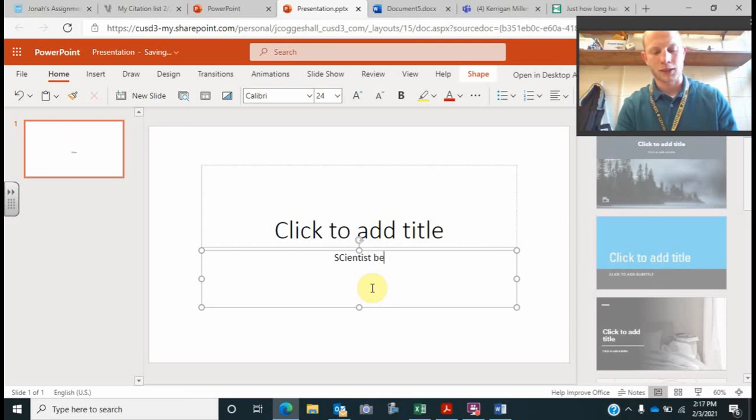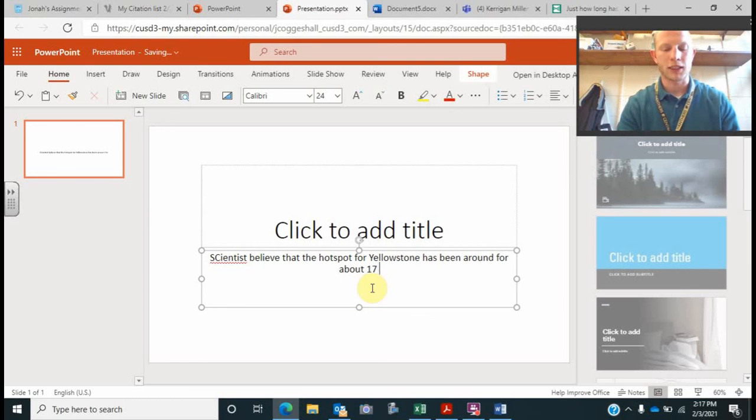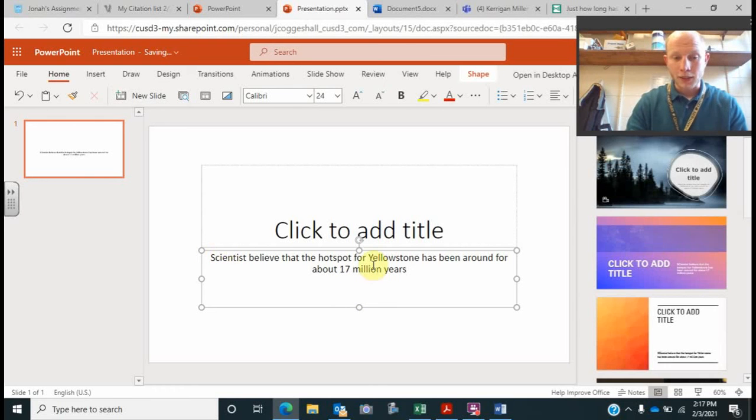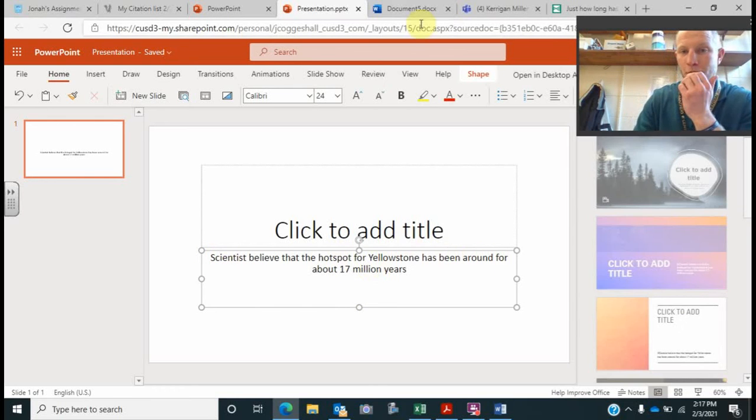Scientists believe that the hotspot for Yellowstone has been around for about 17 million years. Okay, so that's what I came up with off the top of my head.